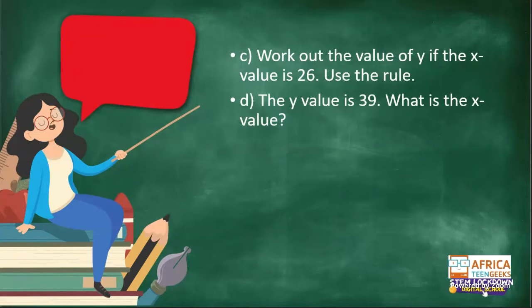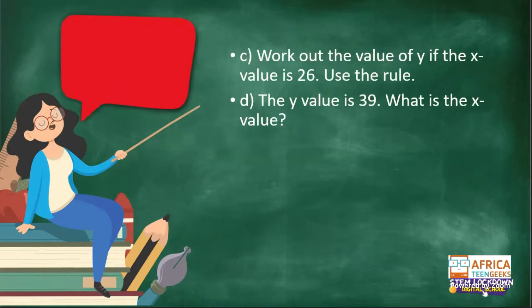The value of y is 57. Okay, how did you find 57? Can you tell me how did you find it? I took 26 and times it by 2, which gave me 52.